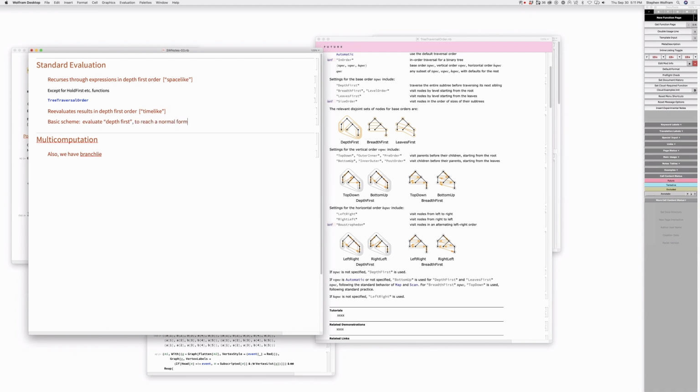That's what our evaluation does, recursing through the expression and reevaluating. Its goal is to reach a normal form. Whereas here, we also have branch-like separation, which are different possible orderings that these things can occur in. Did that make any sense?